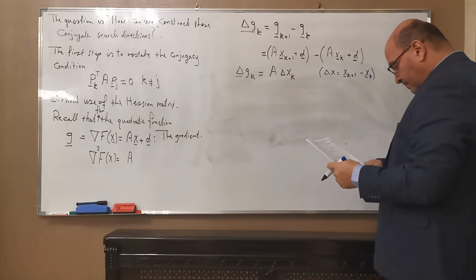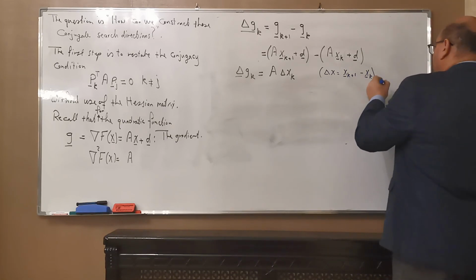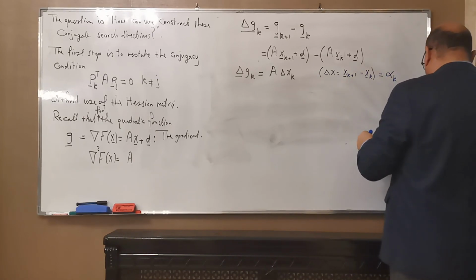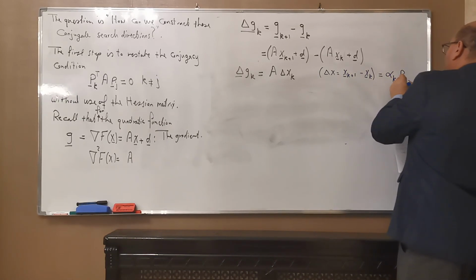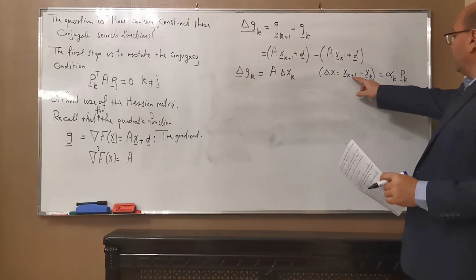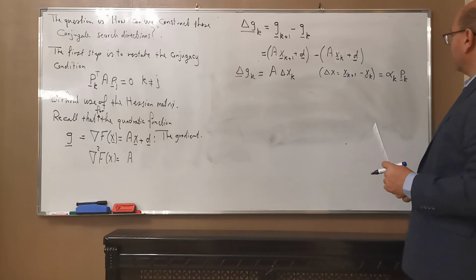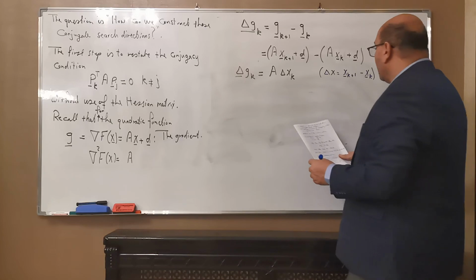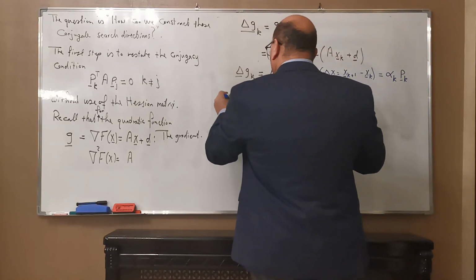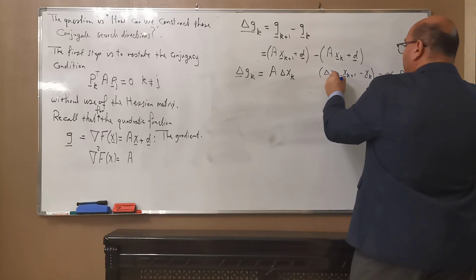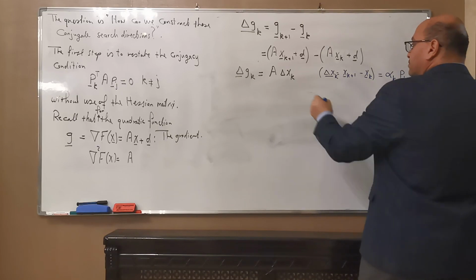And this delta x is alpha k p k, in our search direction. We know that this is the case. Now, this is your delta x at k, and it's a vector.